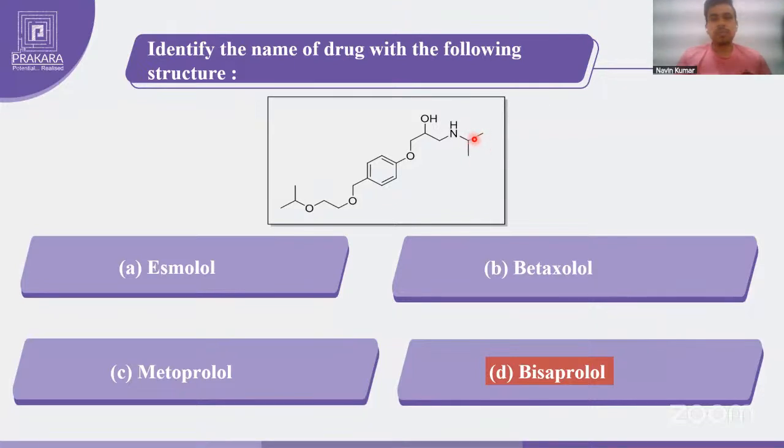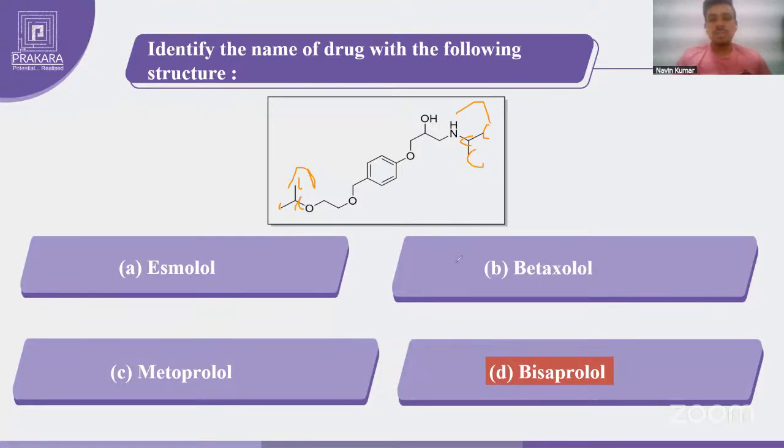Here you can see this one is isopropyl: one, two, three. I'm going to use a pen. This one is C, C, and C, right? So this one is isopropyl, and this one is also isopropyl, C, C, and C. So here you can see two isopropyl chains in this structure.